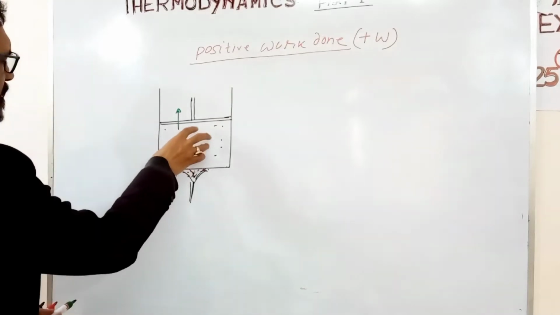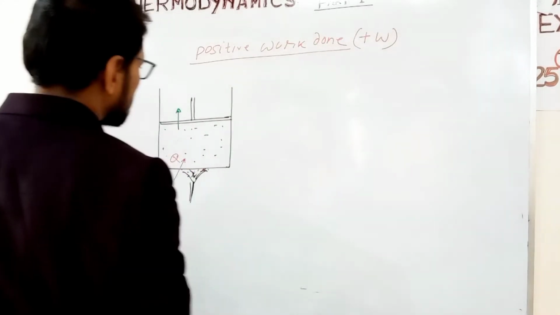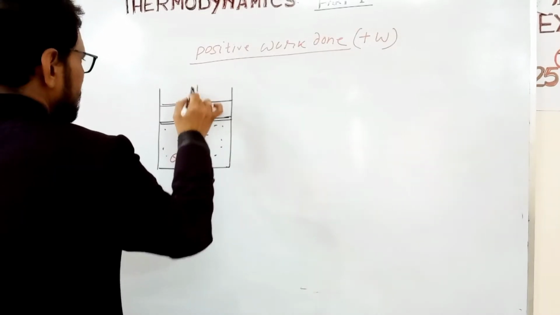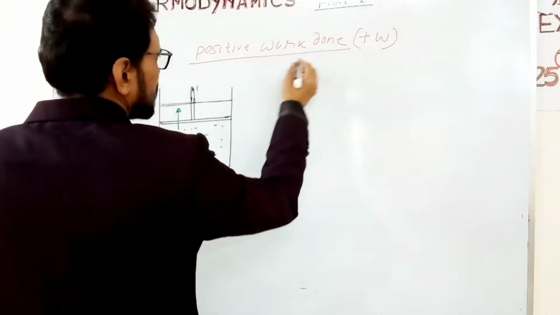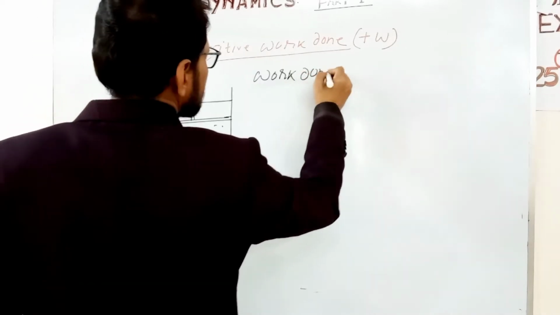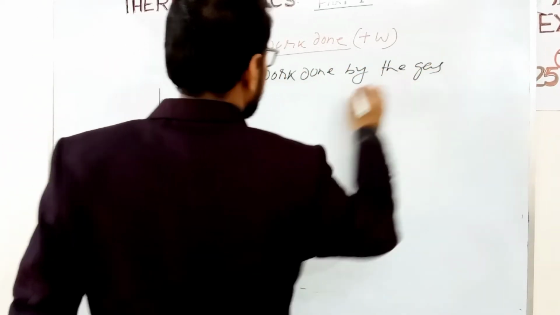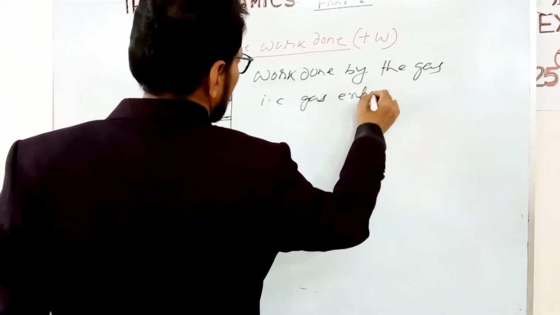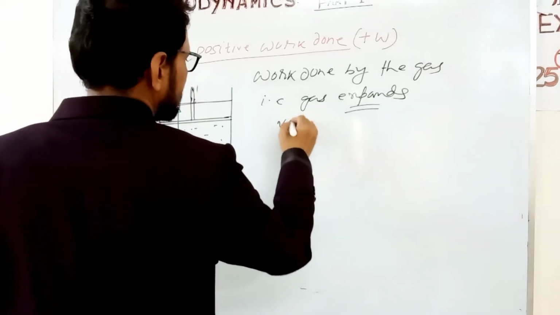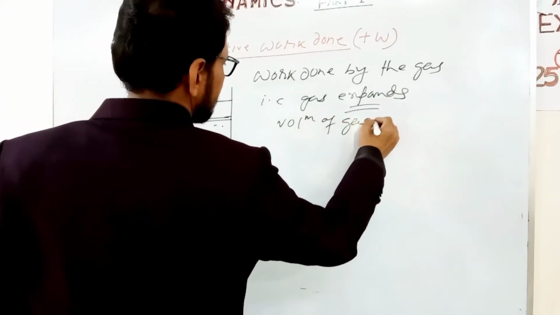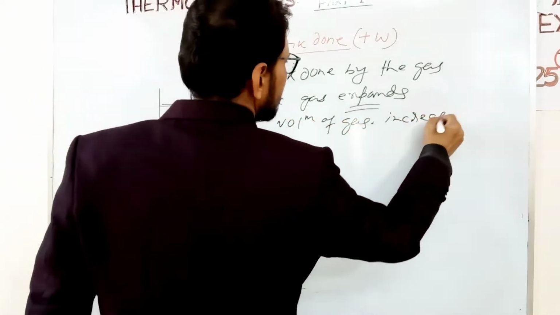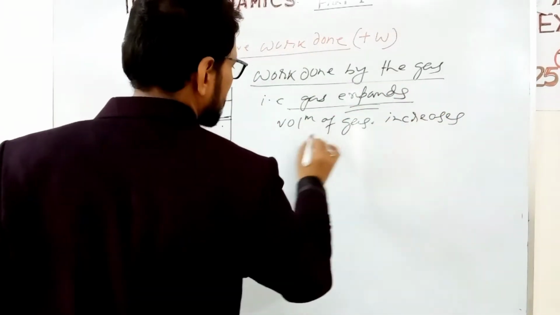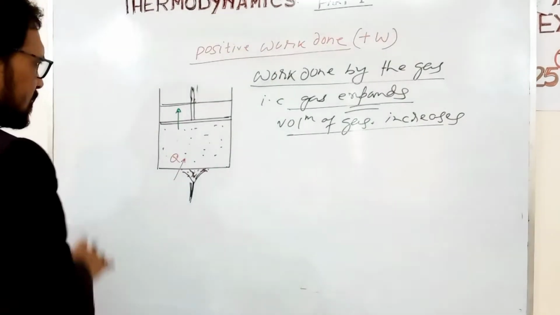We call this the work done by the gas. If the piston moves upward, then positive work done equals work done by the gas. When the gas expands, the volume increases. So gas expanding, or the volume of the gas increasing, is called positive work done.